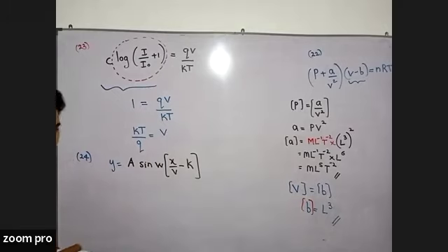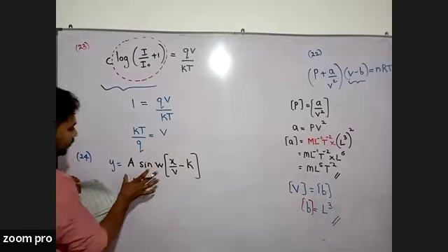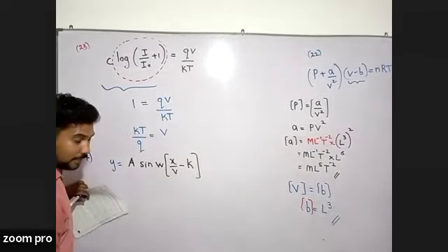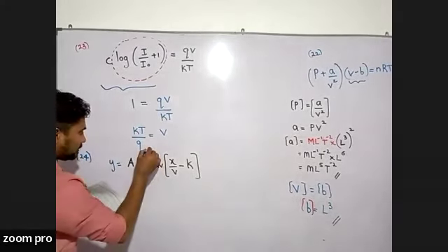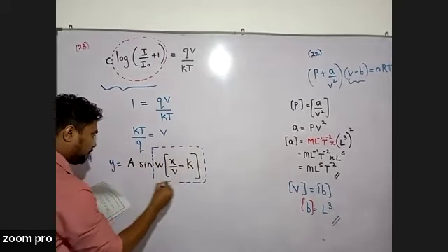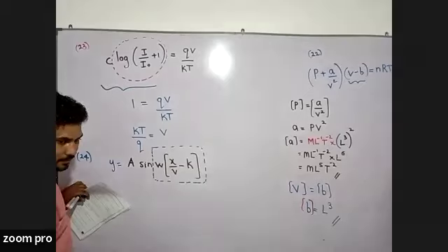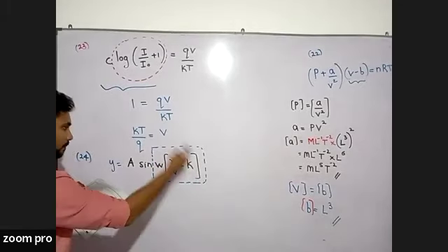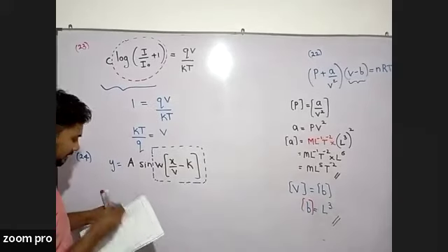Now, if you notice this equation very carefully, you should be able to identify that this whole term should represent an angle, isn't it? Because it is placed just behind the sine, this could be considered as an angle, right?